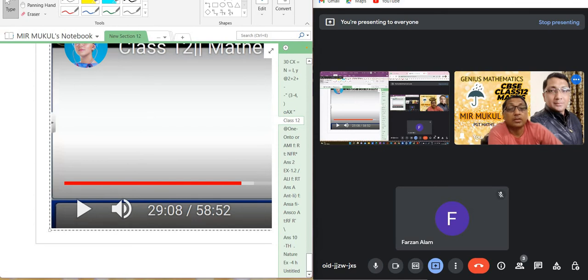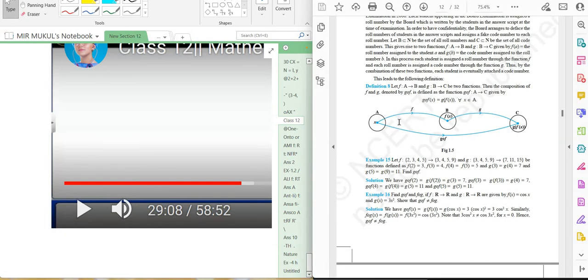So now we learn the definition of a composite function. Let f from A to B and g from B to C be two functions. Then the composition of f and g, denoted by gof, is defined as the function gof from A to C given by gof of x equals g of f of x for all x belonging to A. So these definitions we have to learn.